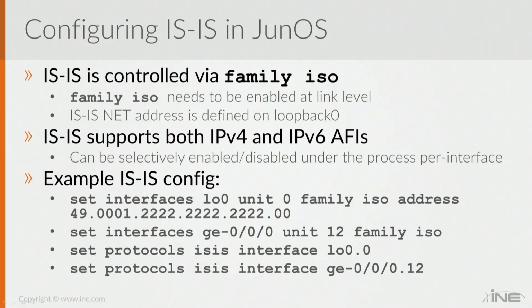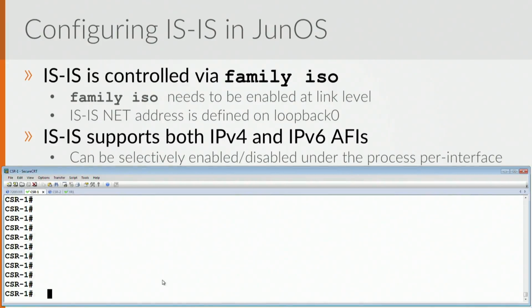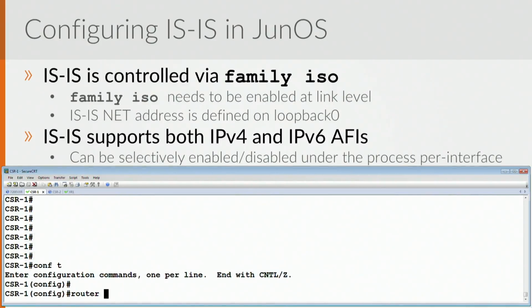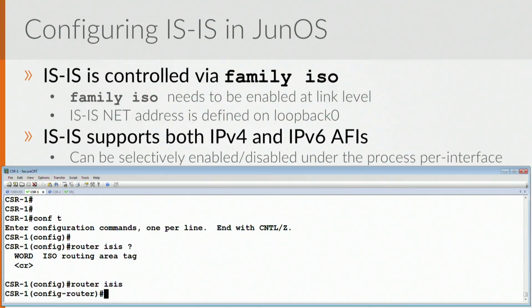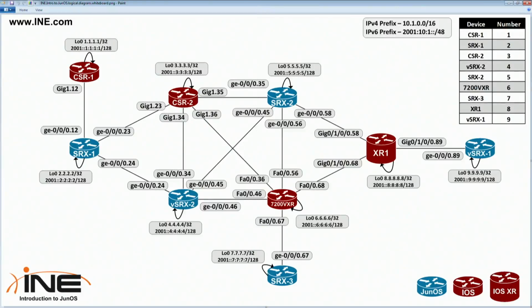Now, in terms of IOS, normally we would do this by first starting a global ISIS process, router ISIS, and we can give it a name if we want, and then specify what the network entity title is. So let's say, for example, that we're going to run single area ISIS here, so a single level, and we're going to be using the area 49.0001, followed by the system ID, which is basically the router ID within the particular area.